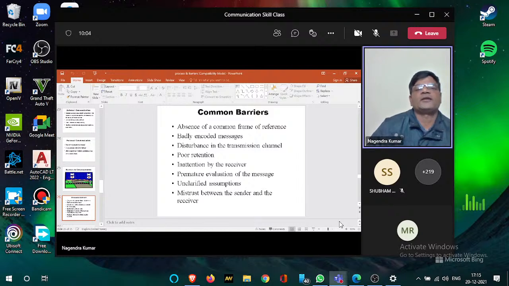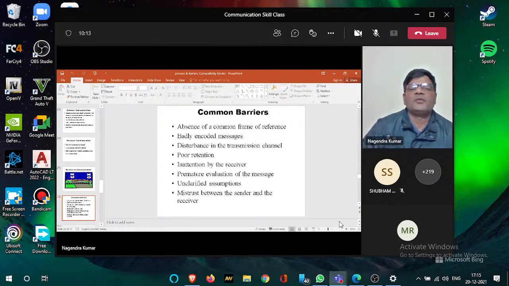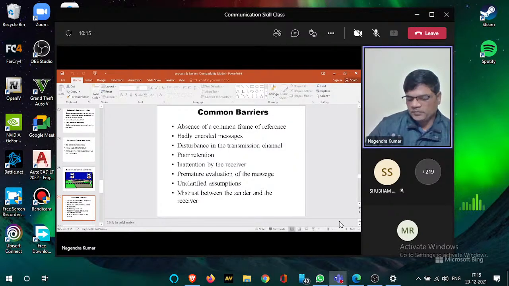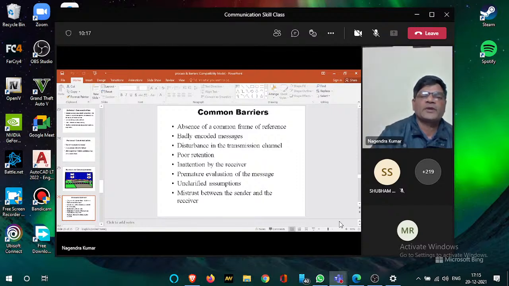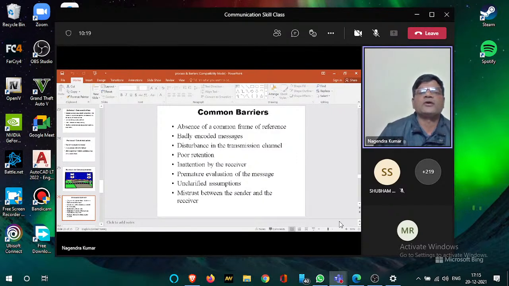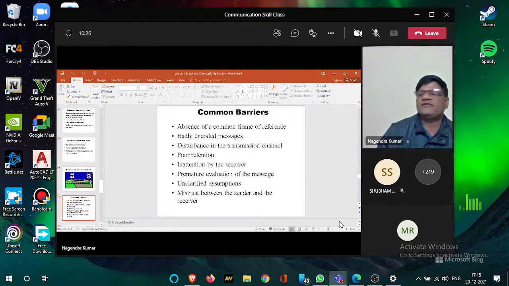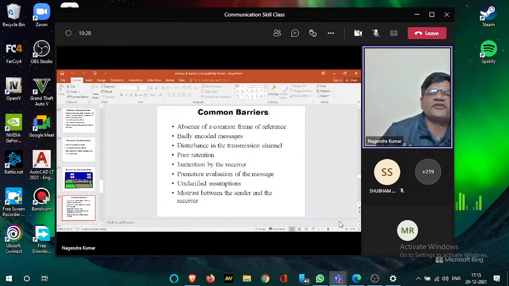The second barrier of this type may be arising because of badly encoded messages. Sometimes when we are writing something to somebody, maybe we are using wrong words, maybe we are using wrong grammar, and as a result, the other person may not be able to get the intended message.